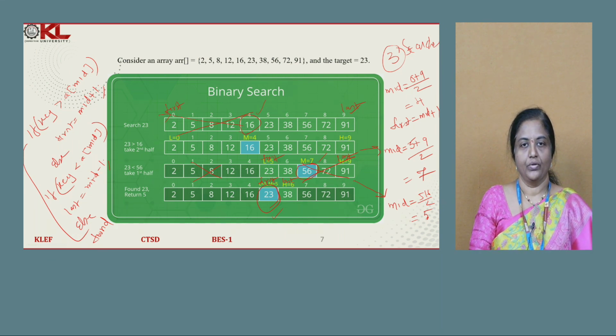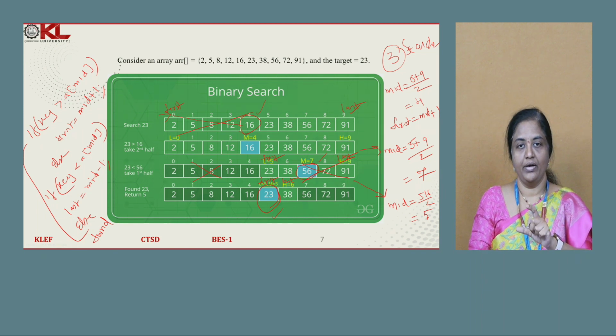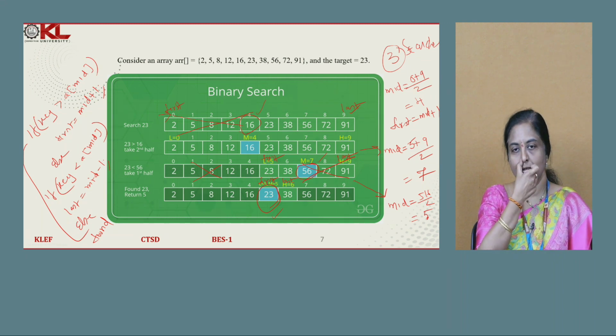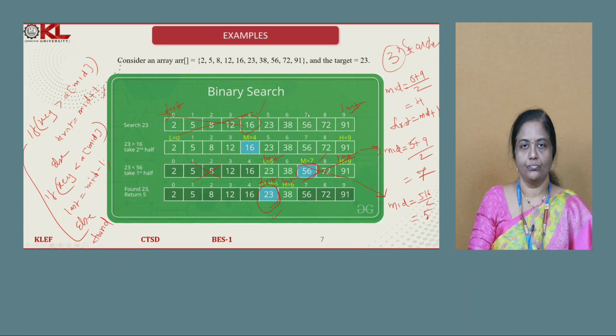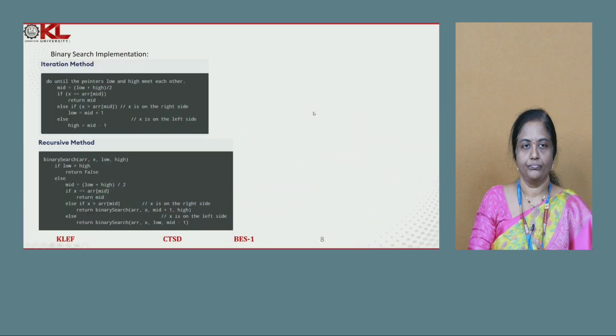If the target is greater than mid, eliminate the first to mid values. Repeat the process until you find it. Understood? Any doubts? Yes. This is the algorithm that I have discussed.